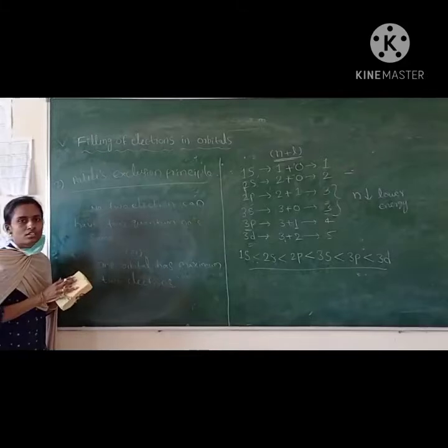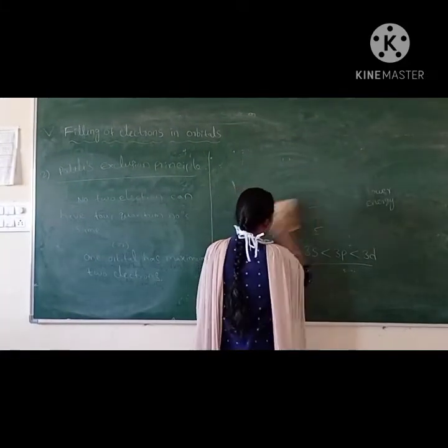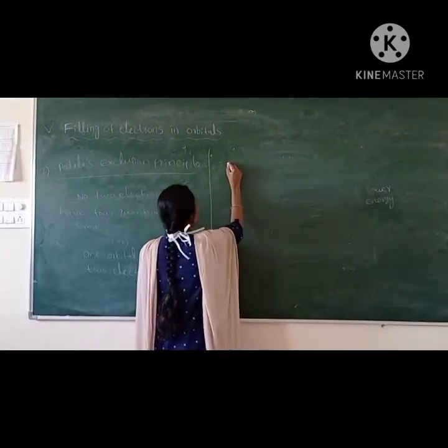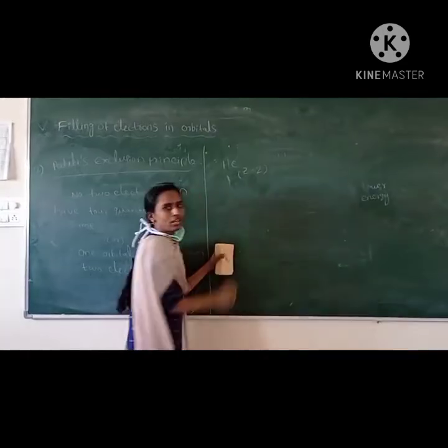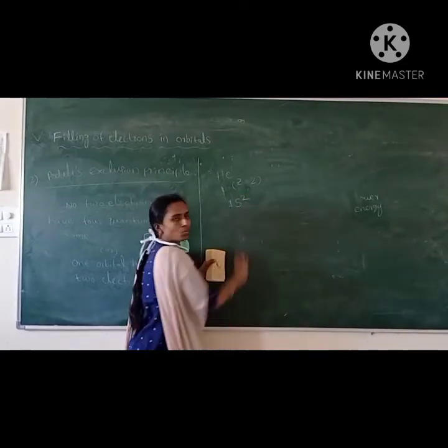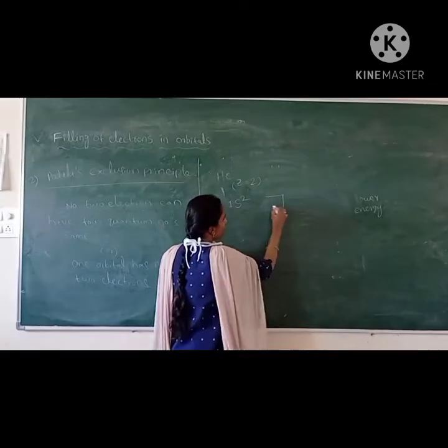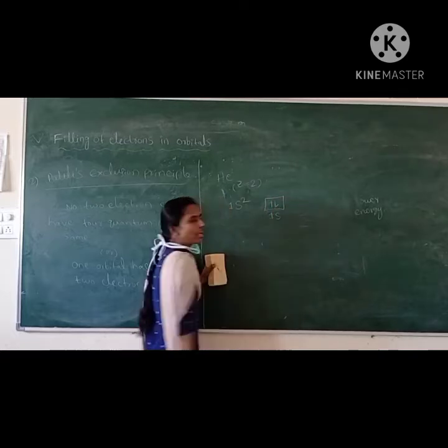So let us see one example, helium. What is the atomic number of helium? Helium has atomic number 2. So the helium electronic configuration is 1s2. So like this the 1s orbital is there and here 2 electrons.